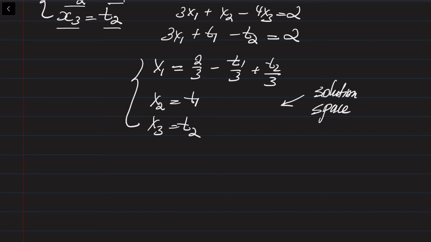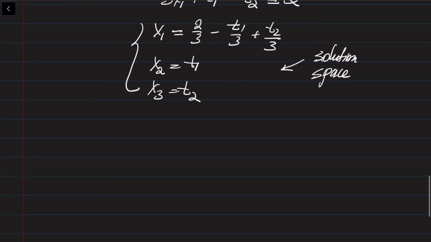You probably remember that the object or space which depends on one parameter is going to be a line. The space which depends on two parameters is going to be a plane. So essentially, the solution for the system of linear equations is going to be infinitely many solutions, and all of them are from one plane. So let's find this plane.